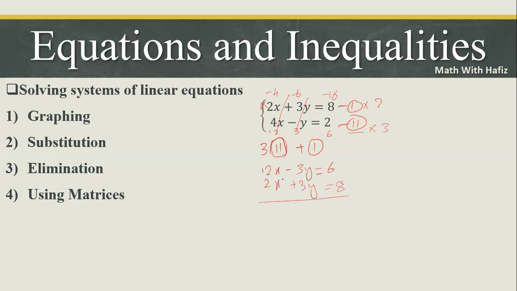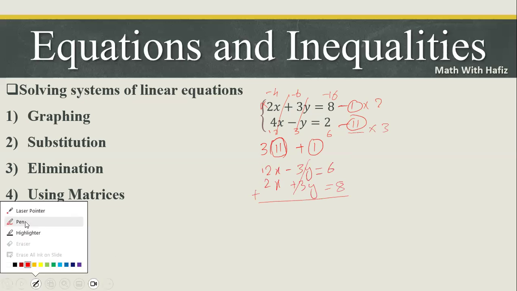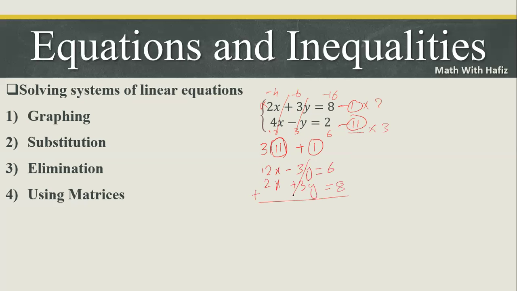You will add them. 3y minus 3y will be cancelled out. So you will have 12 plus 2, 14x will be equal to 8 plus 6, which is 14 also. Now you will divide 14 by 14, x will be equal to 1.